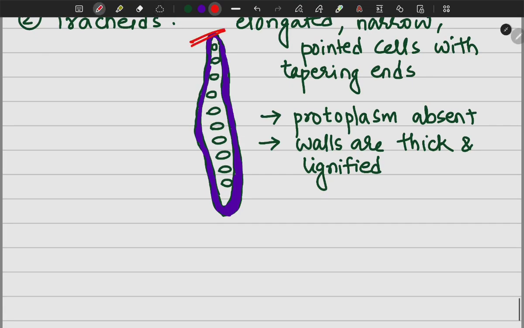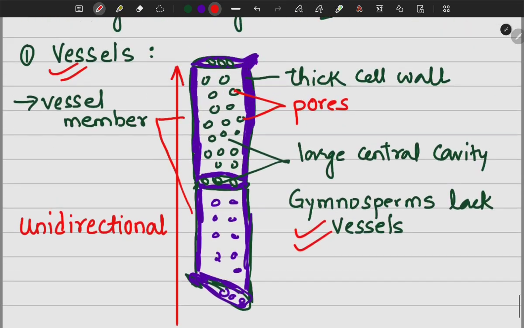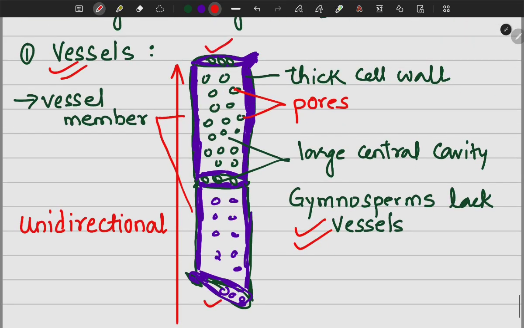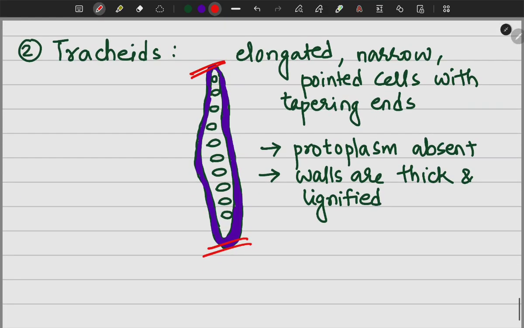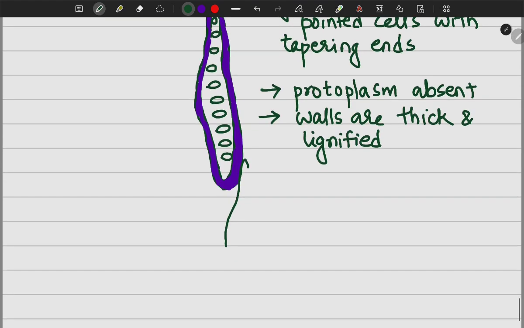You can see that these ends are not open. In case of vessels, these ends were open, so the other vessels can join end to end, but in tracheids the ends are closed, so the two tracheids are joined laterally like this. Like this they will be joined.